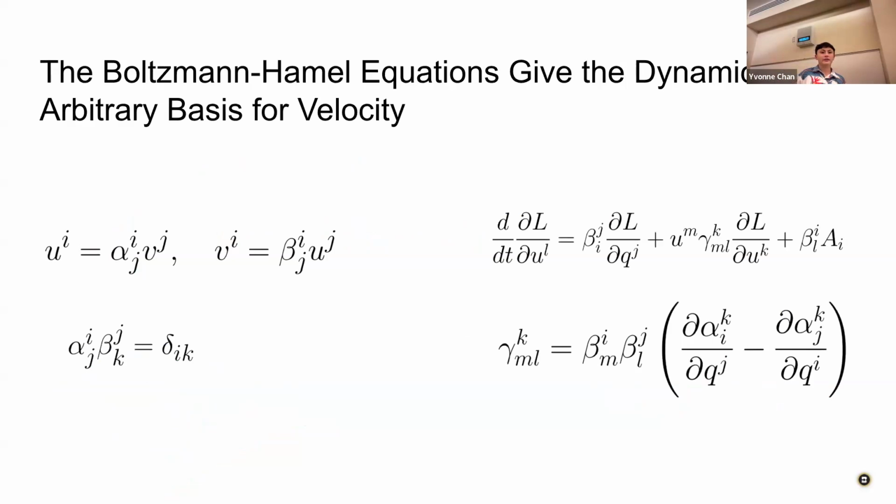And when we're using these quasi-velocities, we get an extra term that pops up in our Euler-Lagrange equations, the term with the gamma right there, and those gammas are called the Hamel coefficients, which we can explicitly state or define in terms of a transformation from one set of known coordinates to our new, more useful set of coordinates. But sometimes this is not enough, and getting a more general understanding of where these coefficients come from is something of both mathematical and practical interest.